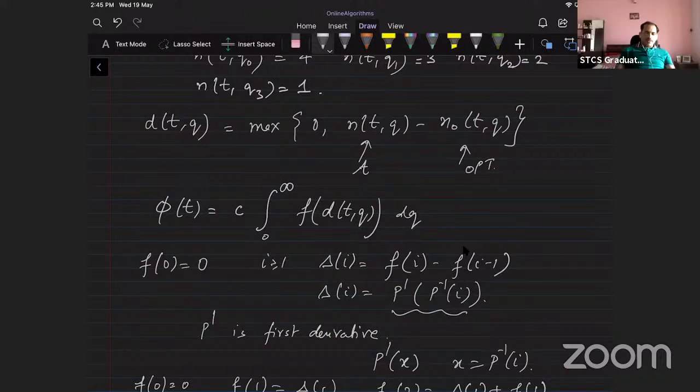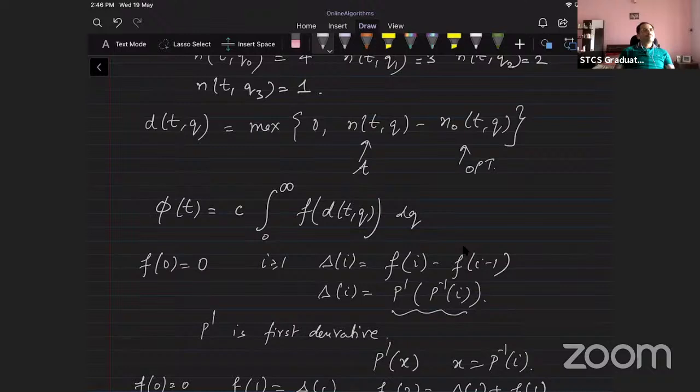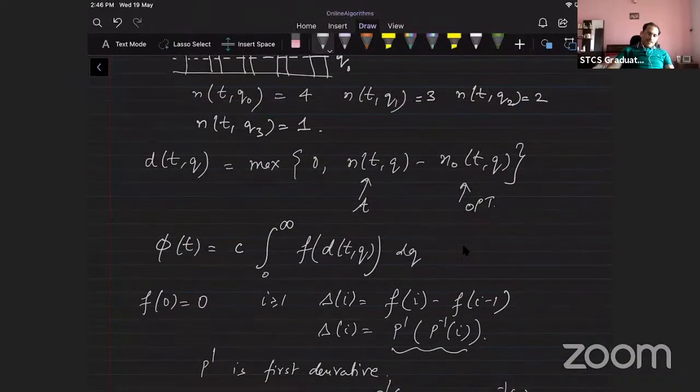And what is happening to n of t comma q between time t and time t plus dt? Either it remains the same or decreases. Why should it ever remain the same? That's why that quantity has been defined very carefully.